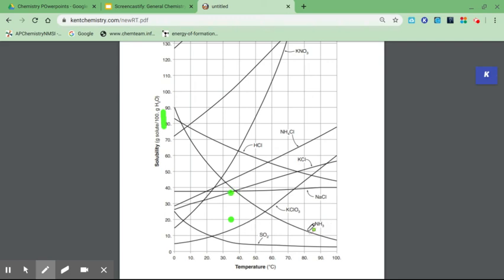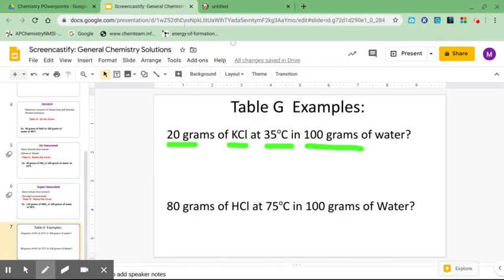So what does that tell us? The curve would be saturated. The point that we just made is right below that point. So I am below the curve. So that means that I am unsaturated. I'm just going to put UNS.